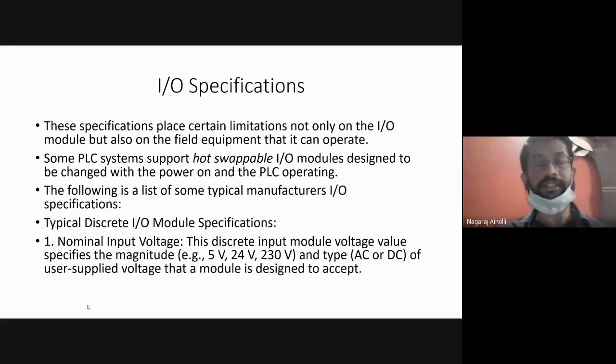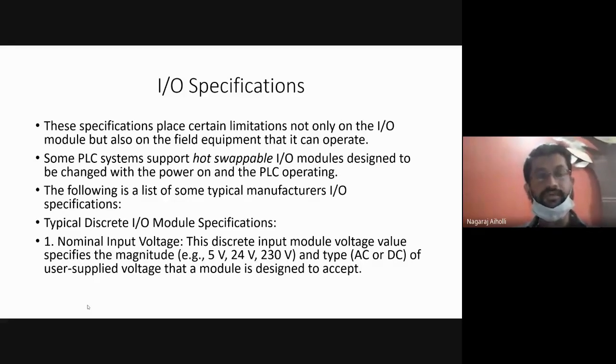We can replace them, we can perform certain changing operations. That is called hot swappable IO modules. Swapping is exchanging or changing the IO modules whenever they are in on state, whenever the PLC is in working condition, when the power is in on state.